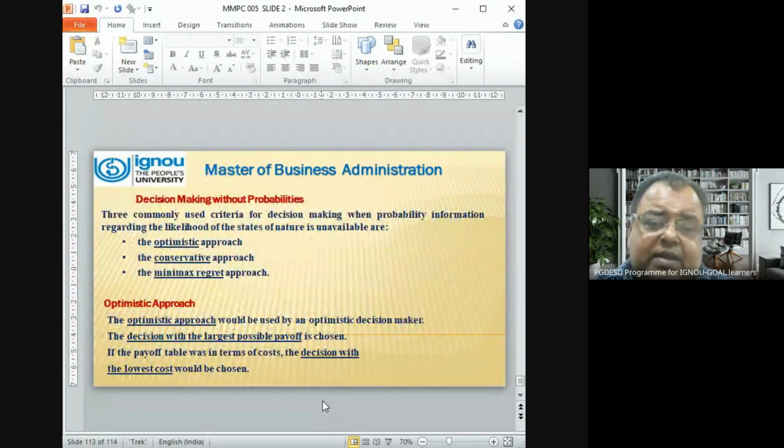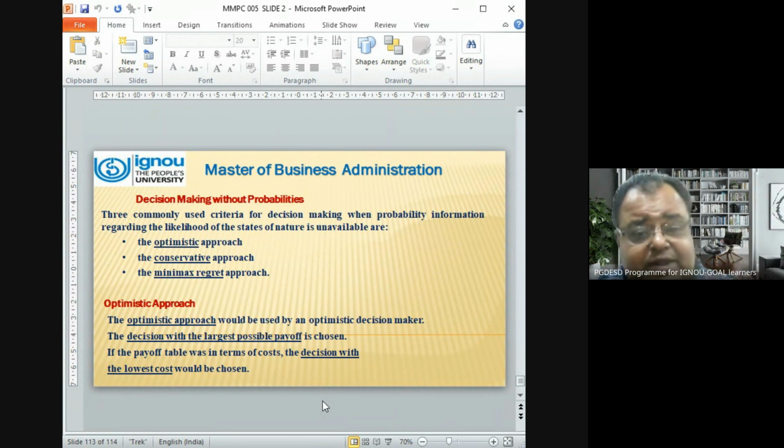Decision making without probabilities. Three commonly used criteria for decision making when probability information regarding the likelihood of the states of nature is unavailable are the optimistic approach, the conservative approach, and the minimax regret approach.